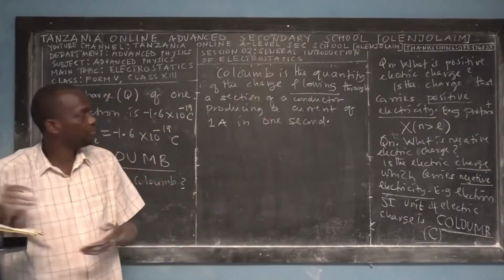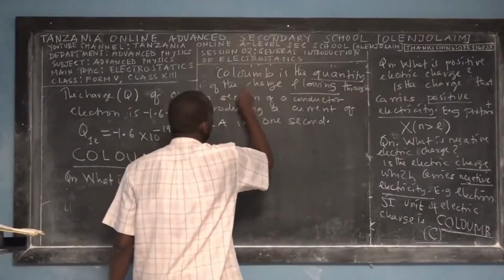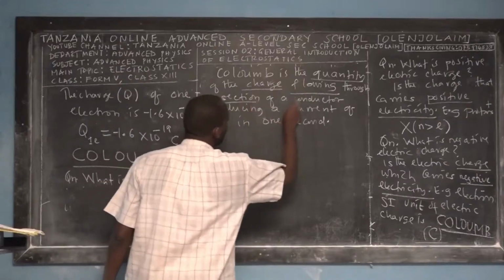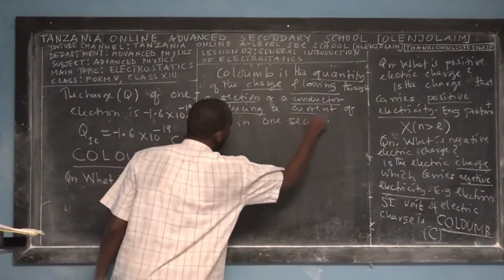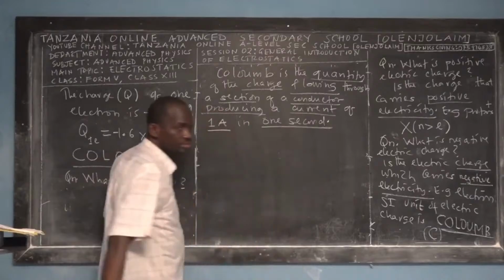So that's the simple definition. Coulomb is a quantity of the charge flowing through a section of a conductor, and when it is flowing, it's producing a current of 1 ampere in 1 second.